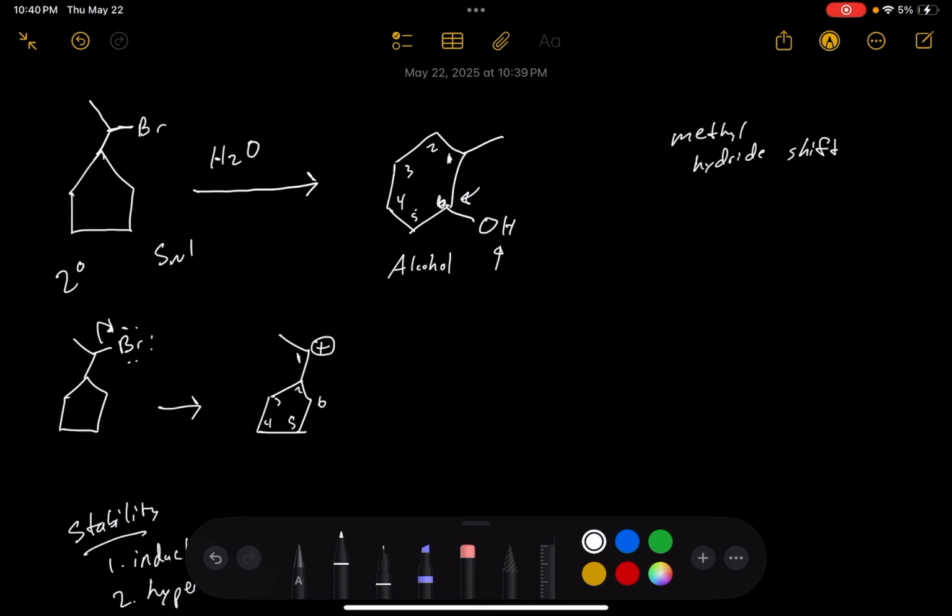But what is important is that one of these bonds is going to shift. And for convenience, I'm going to pick this bond. So this bond is going to shift and go to the carbocation right there, to the positive charge. This is where numbering is helpful: 1, 2, 3, 4, 5, 6.